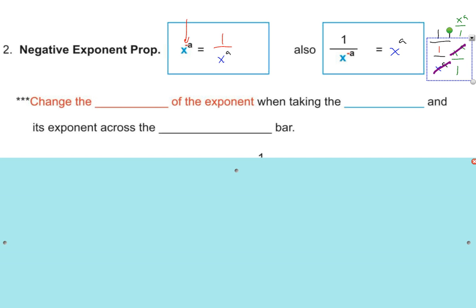It just basically tells you this: change the sign of the exponent when taking the base and its exponent across the fraction bar. That's all you need to do.